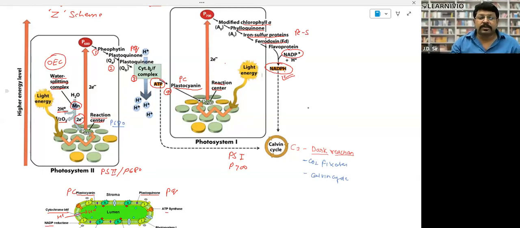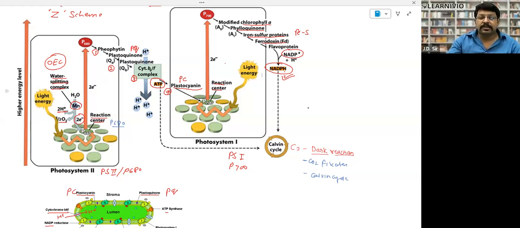Then it is transferred to the plastocyanin, PC. When the electron reaches the plastocyanin, its energy goes down. That's why this arrow is downward. Finally, plastocyanin transfers the electron to P700, which is PS1. P700 again captures energy from the rest of the antenna molecules and provides energy to the electron present in P700. The electron regains energy from the light and jumps.